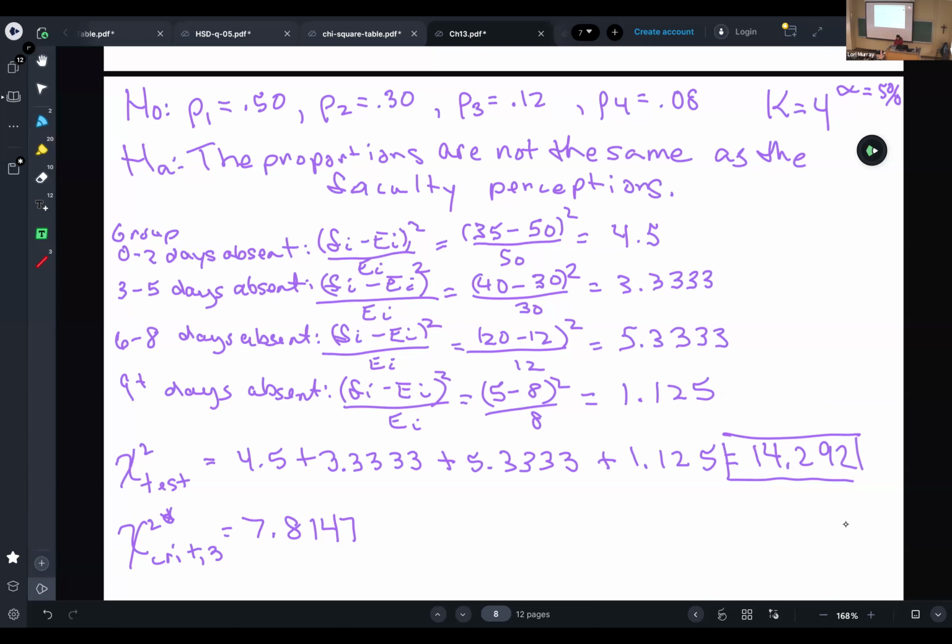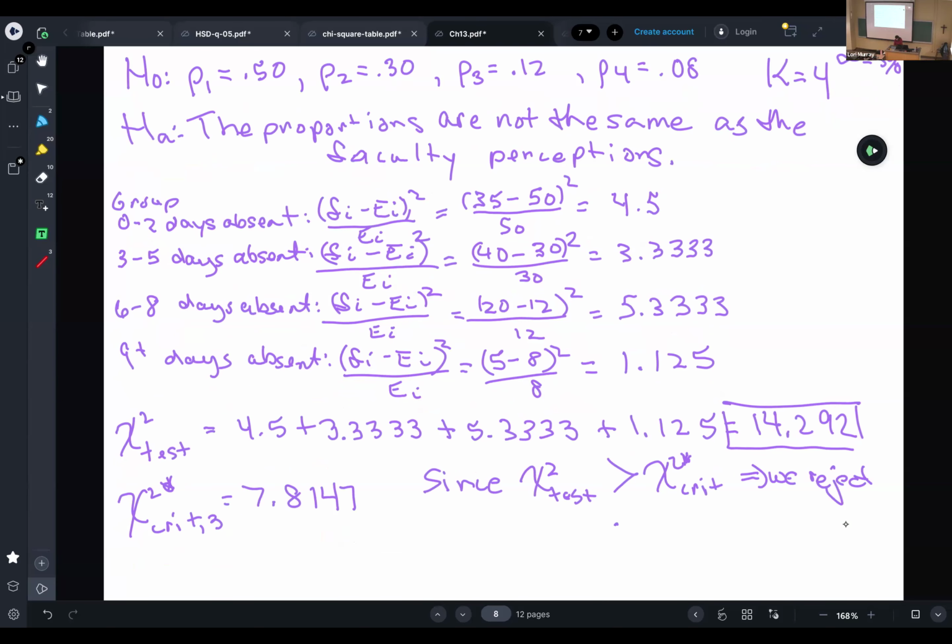Since the chi-square test statistic is greater than the chi-square critical value, we reject and we conclude there is a difference.